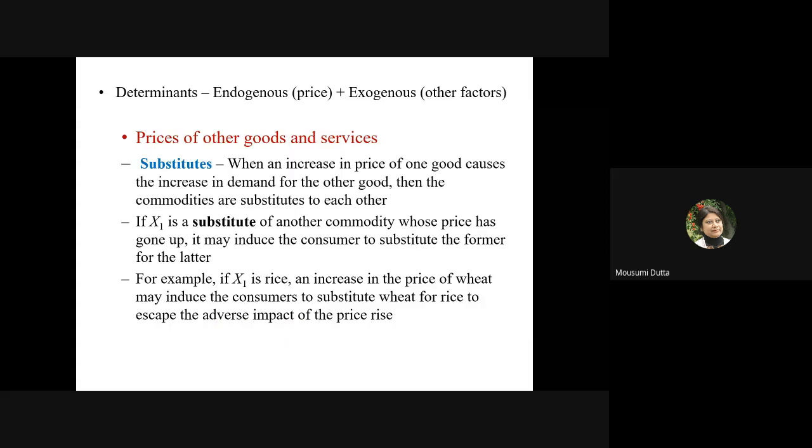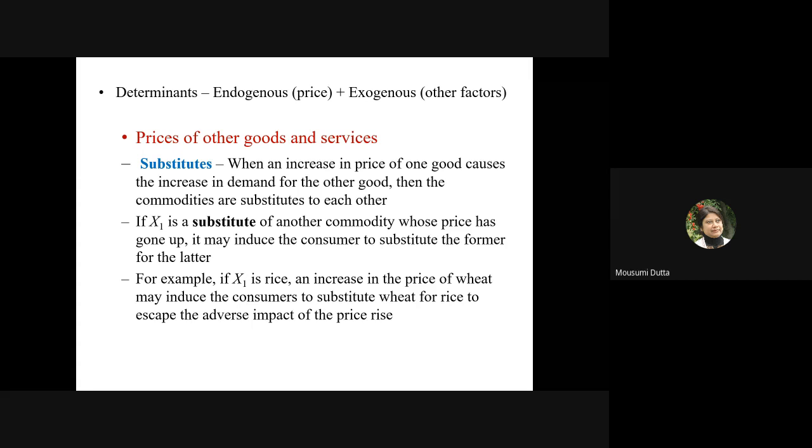Okay. There are several other determinants of demand as well. However, all these determinants are considered as exogenous determinants. For the exogenous determinants, you can set up a ceteris paribus condition. That is, these things you can keep constant.